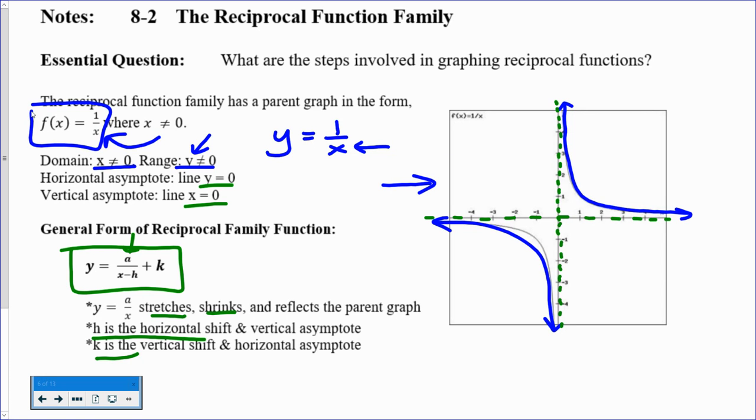The K is the vertical shift and the horizontal asymptote. All right, so just like we had things like y equals a(x minus h) squared plus k, if you remember that for quadratics, that shifted things horizontally and that shifted things vertically, same exact thing. So we're going to think back to that.